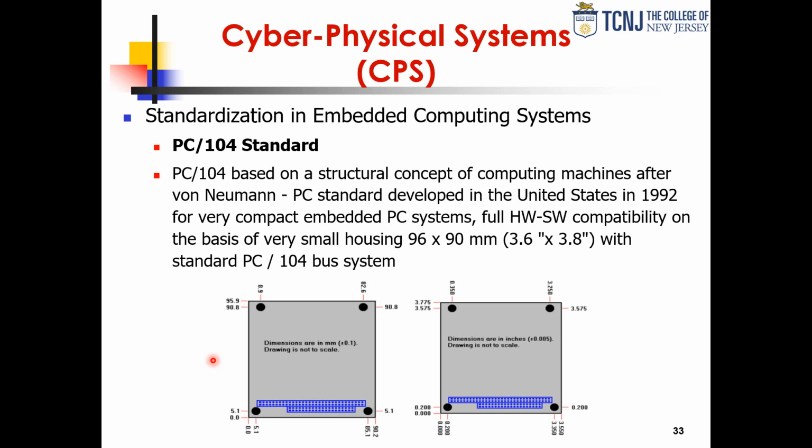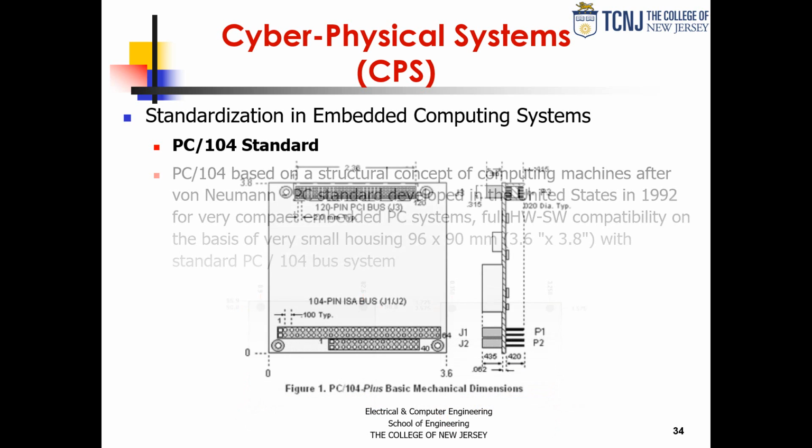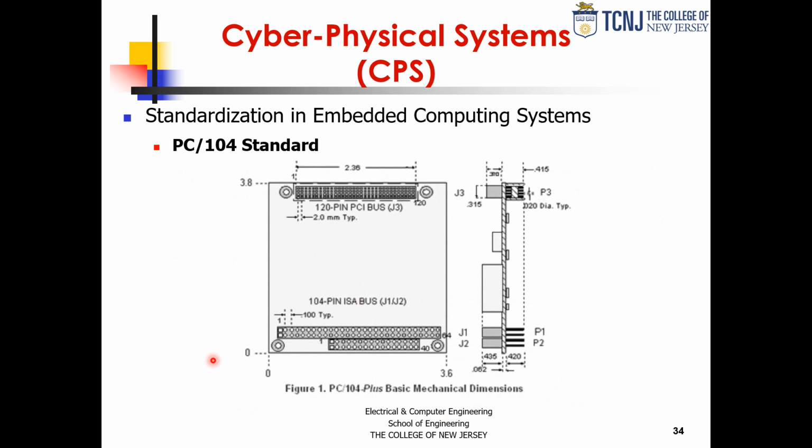So that gives you another view. Initially, and the reason that I mentioned the ISA bus as what the PC started with is because they also started with the ISA bus. And you can see here the 104 pin ISA bus. That was the original.